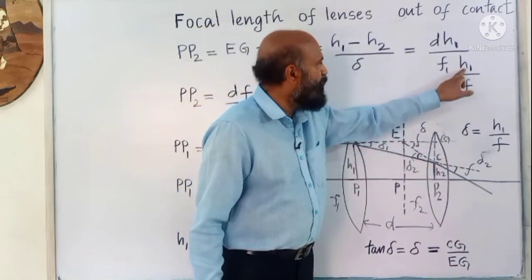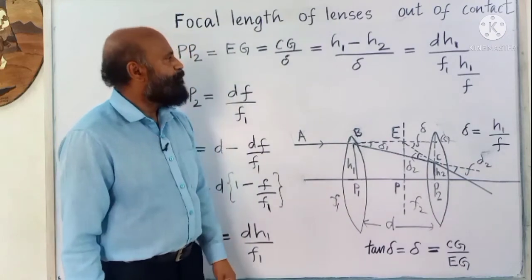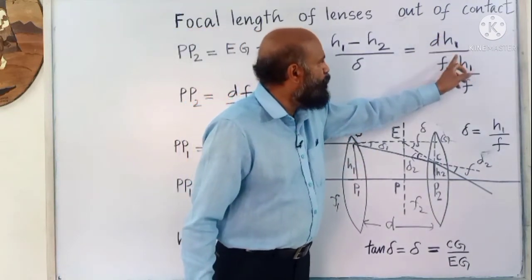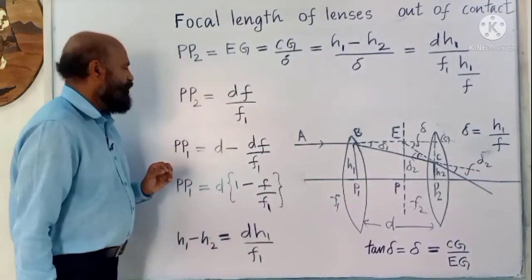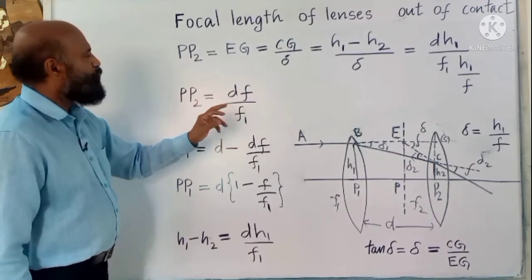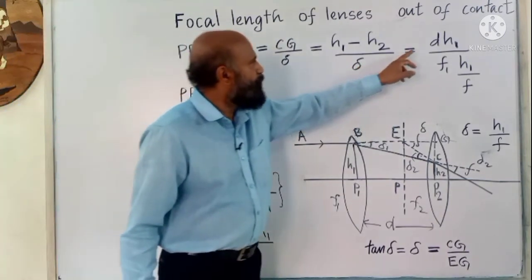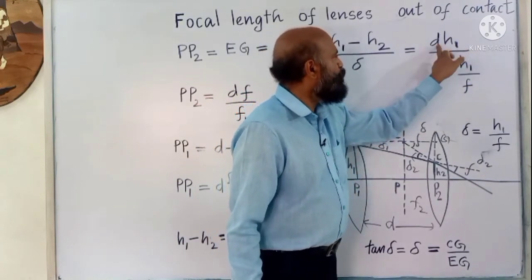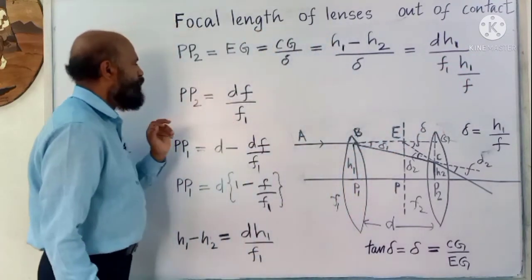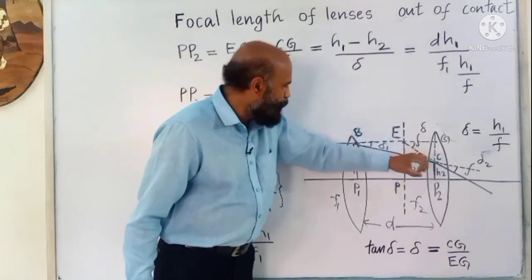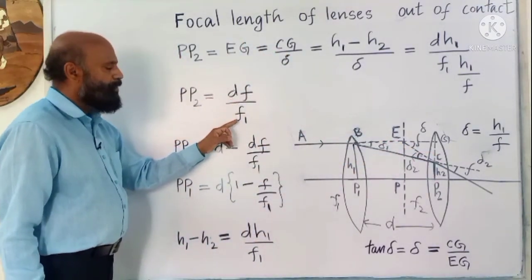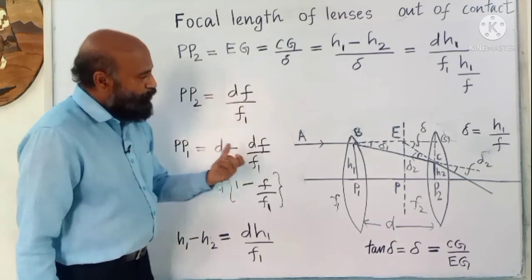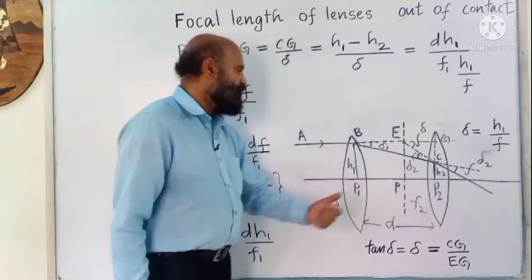That delta can be written as h1 by f. Then in this expression h1 will get cancelled. So f can be taken to the numerator. So PP2 is d f by f1. So this is the distance of the effective lens from the second lens.